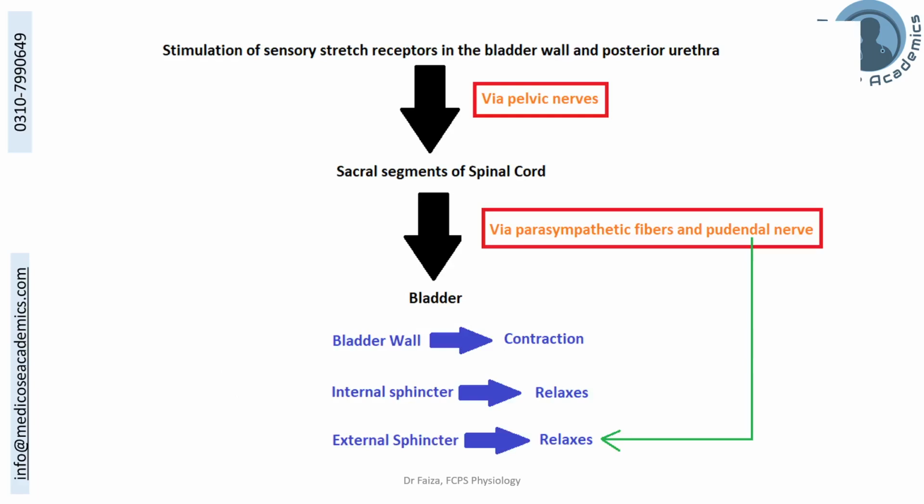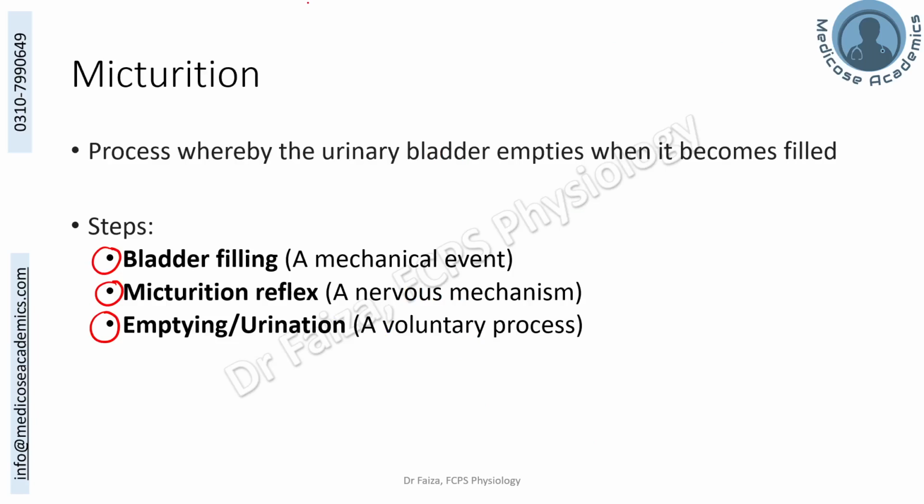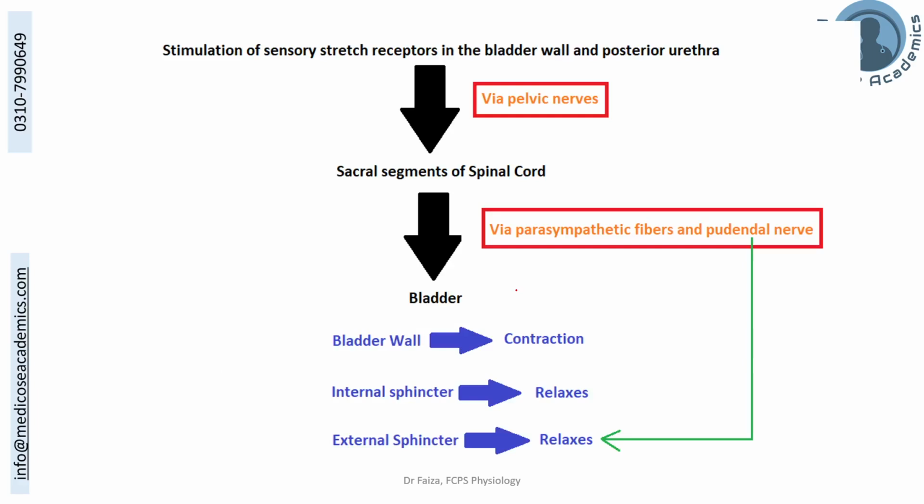So this is showing the micturition reflex. Previously, we have seen the bladder filling by using the cystometrogram, phase 1A, phase 1B and phase 2. This is showing the bladder filling phases. Next, we are looking into the micturition reflex, which is the second step of micturition.